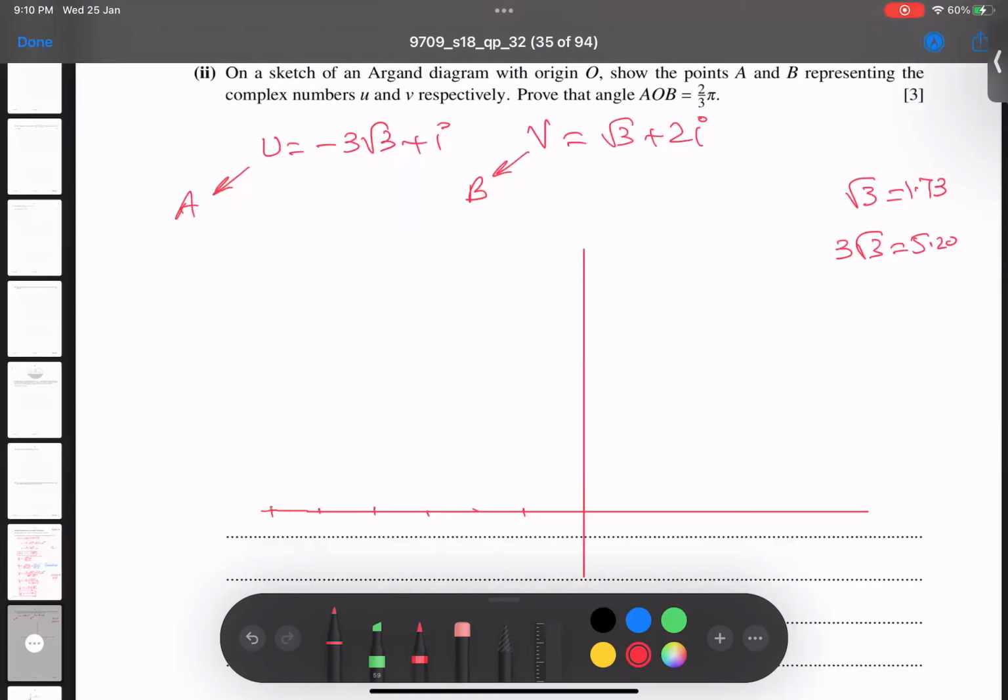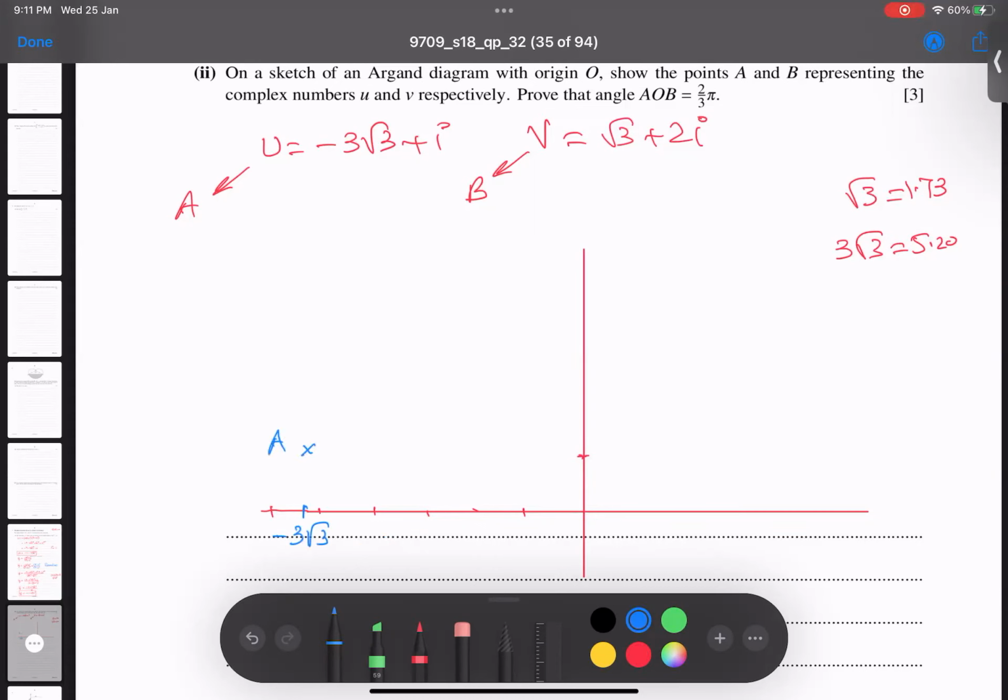No need for this much accuracy, just for understanding. It is 5.2, somewhere here, negative 3 root 3, and iota here. So I get 1 point, here, the A coordinates.